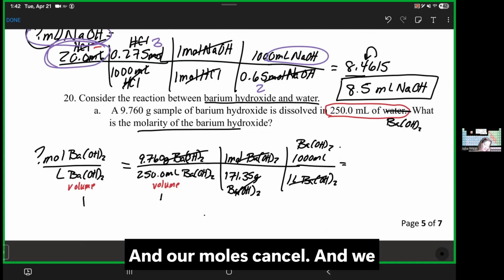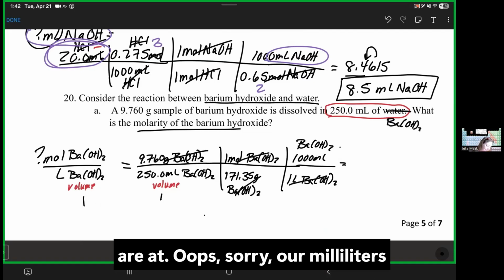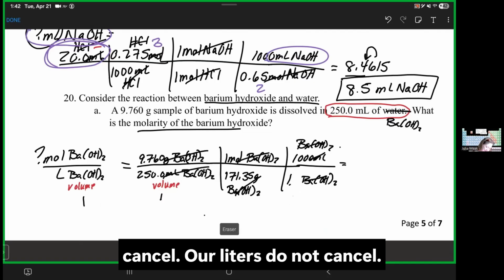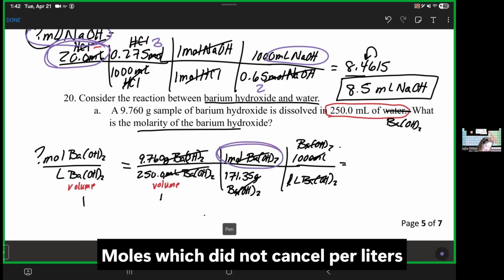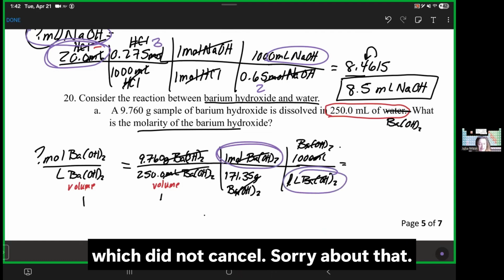And our milliliters cancel. Our liters do not cancel. So we are at moles, which did not cancel, per liters, which did not cancel.